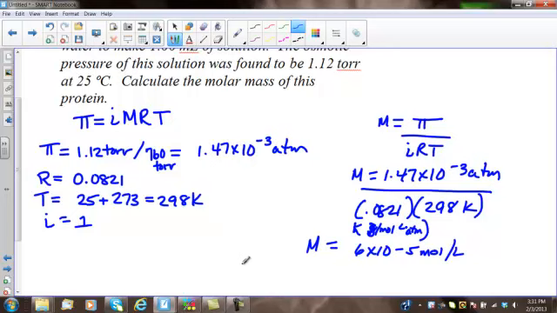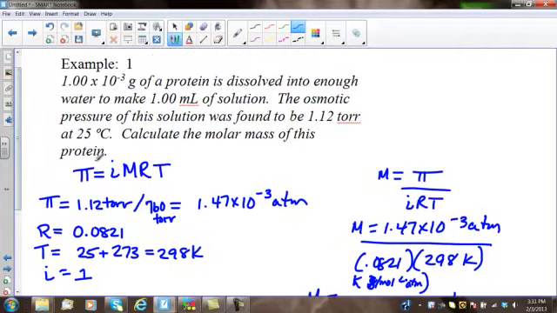So we're not done yet because we need the molar mass. And there's a crucial piece of information in here. They said that 1 times 10 to the minus third grams of a protein is dissolved in enough water to make 1 milliliter.